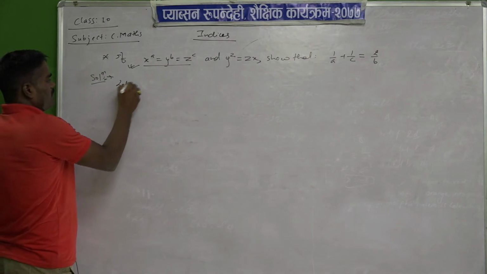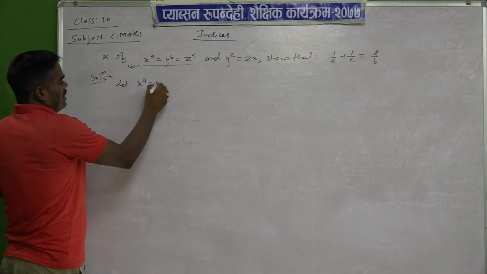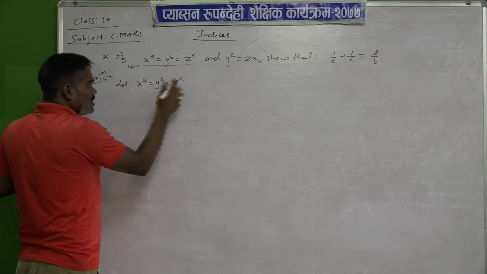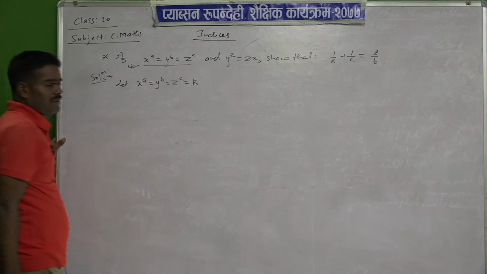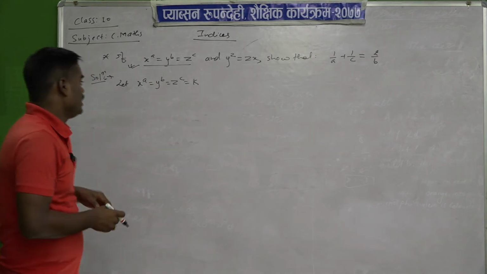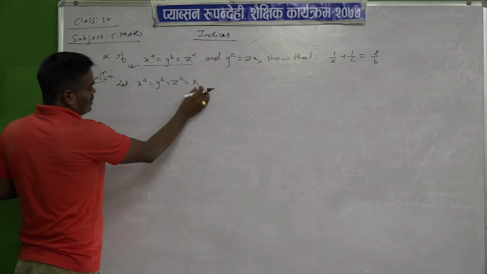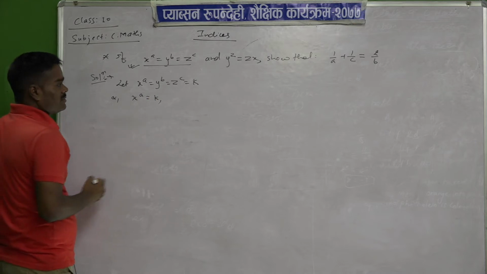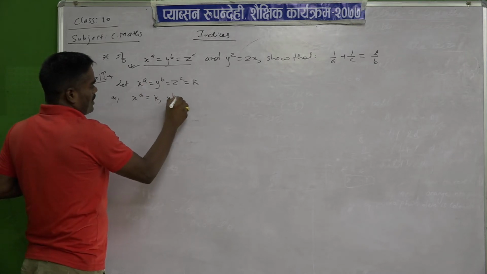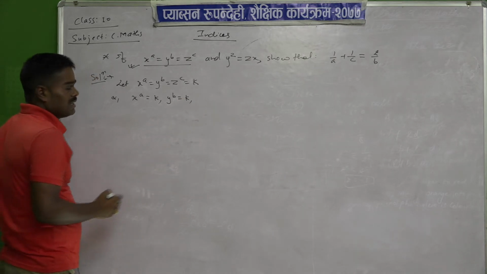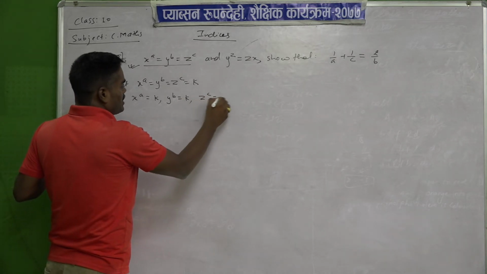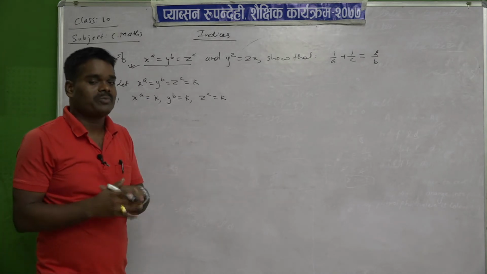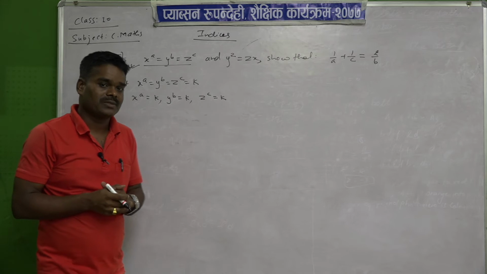So, let x power a equal to y power b equal to z power c is given. So, all these equal to what? Suppose k. So, this equal to this equal to this. So, we can write x power a equal to k. Likewise, y power b equal to k. Likewise, z power c equal to k.